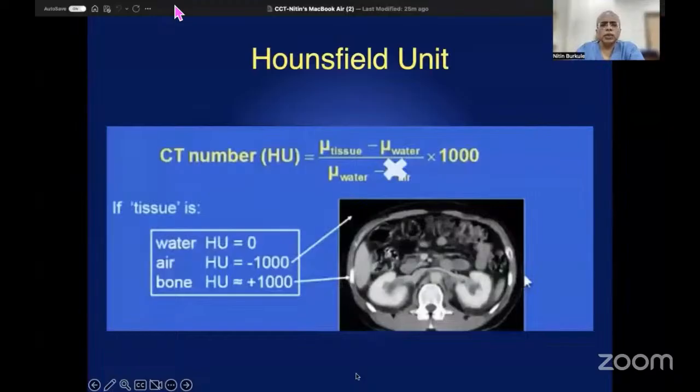So if water is 0, then air is in minus. Air can be anywhere around minus 1000. The bone is in plus. It can be plus 1000.